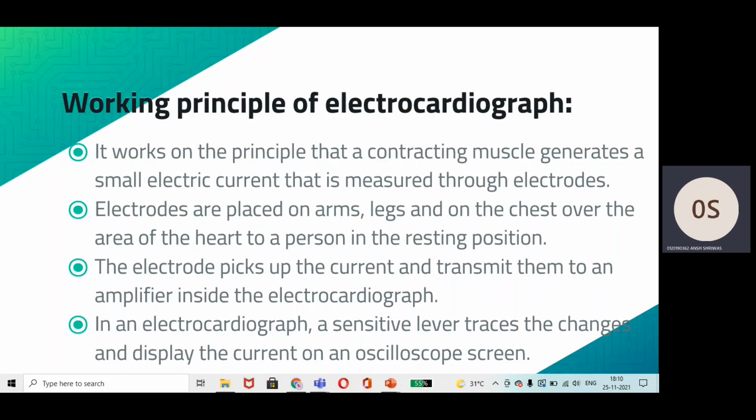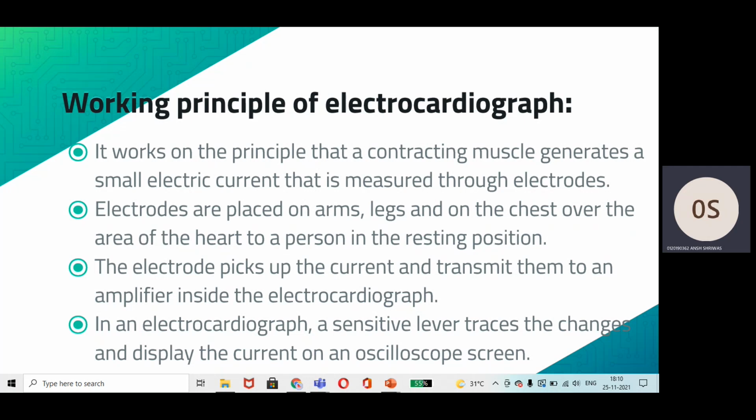Working principle of electrocardiography. It works on the principle that a contracting muscle generates a small electric current that can be detected and measured through electrodes suitably placed on the body. For a resting electrocardiogram, a person is made to lie in the resting position and electrodes are placed on arms, legs and at 6 places on the chest over the area of the heart.